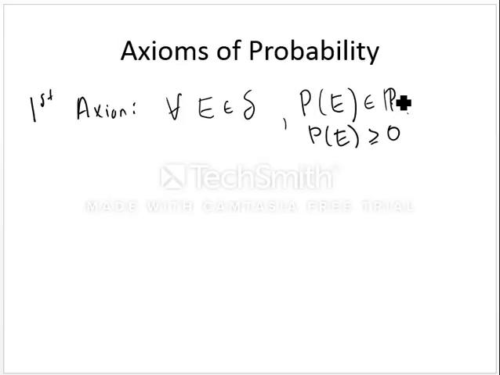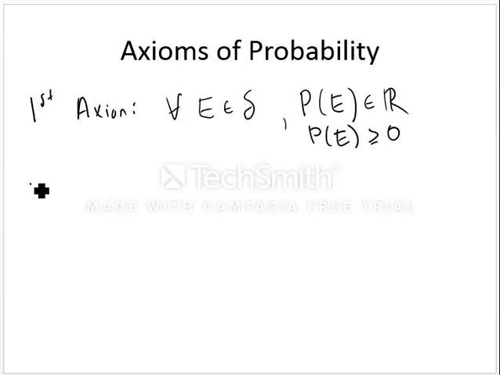This comes from more theoretical measure theory ideas, but that's really all you need to understand from the first axiom: those probabilities are going to be bigger than or equal to 0 at all times if the event is something real from our sample space.